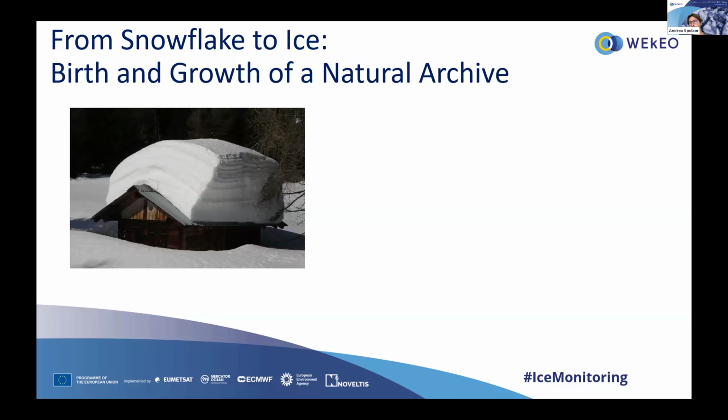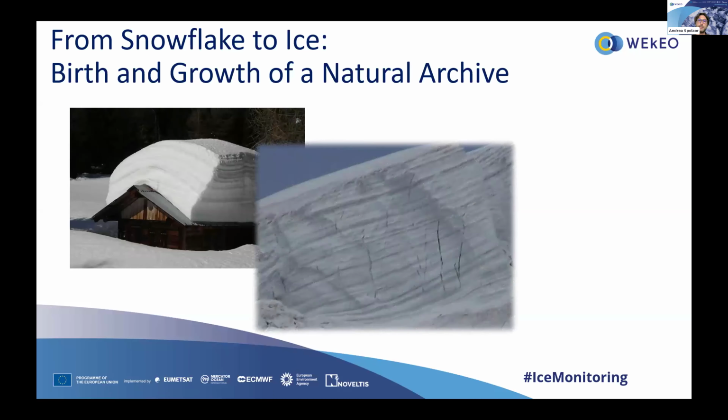Before entering into the details, I need to give a brief introduction of what a natural archive is, and an ice core archive especially. During the winter, we have snow accumulation. It accumulates layer by layer, and this snow is able to trap the atmospheric composition. If the snow, or part of the snowpack, survives the summer melting, the next year another snowpack forms another layer.